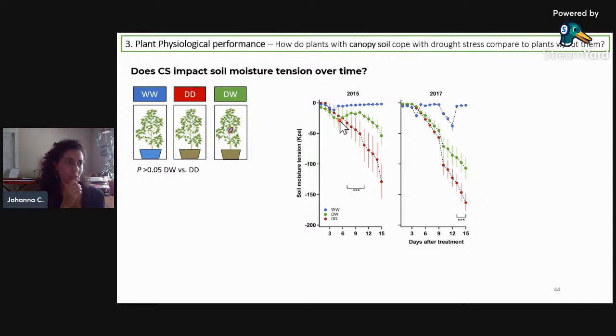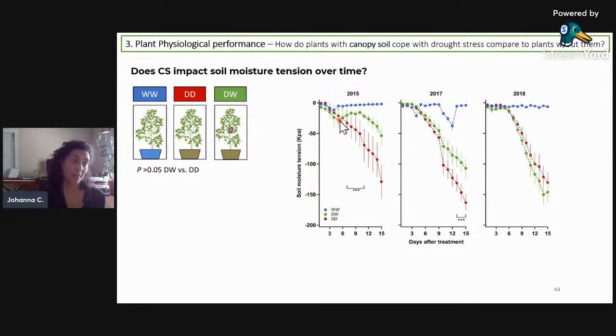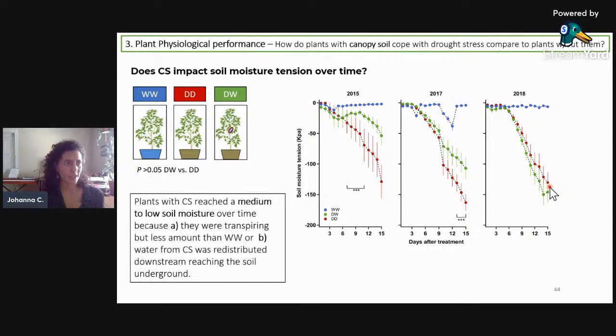We saw similar results in 2017, not as dramatic as 2015, but in 2018 there were no differences between the completely dry plants and the plants with canopy soil. This was a very interesting result because it made us think about different phenomena.